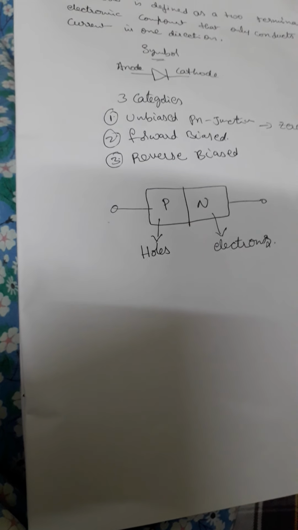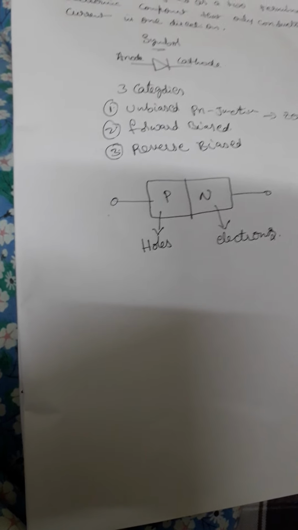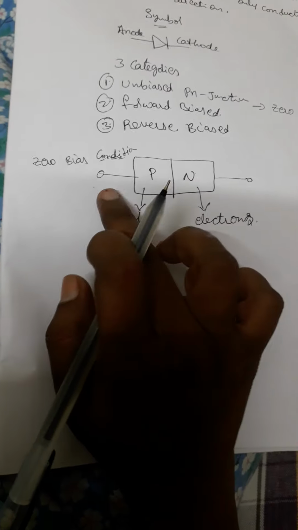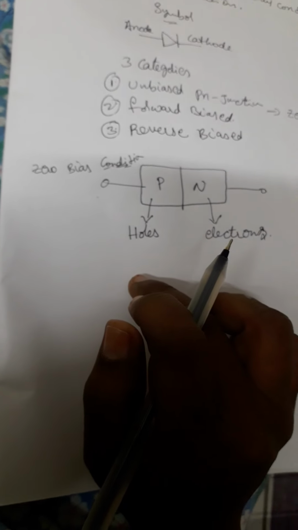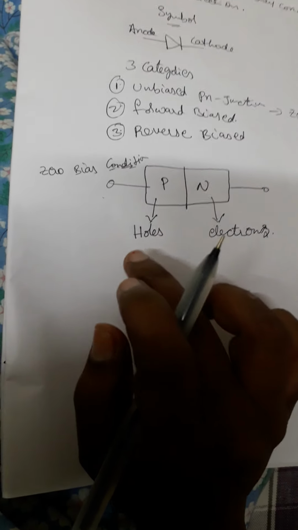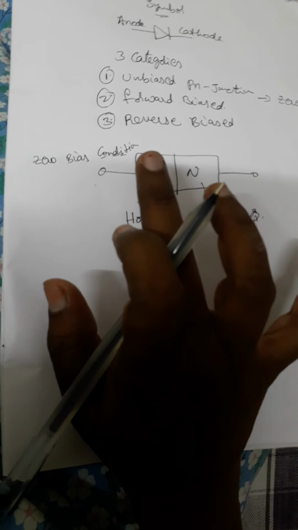In this zero bias condition, no external voltage is applied to the PN junction diode, and therefore the electrons diffuse to the P side, and simultaneously holes diffuse to the N side.